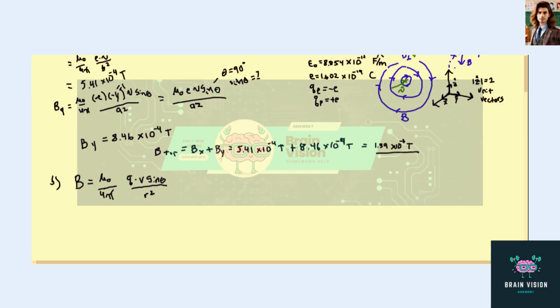And this time we're going to be using the distance between these two, and theta is actually going to be equal to that theta of P that we solved for. If you remember, that is 51.3 degrees.